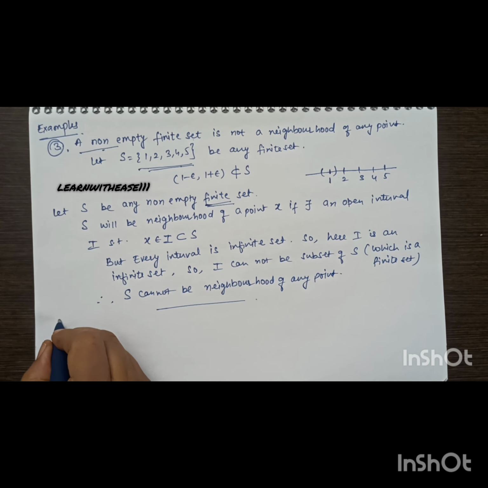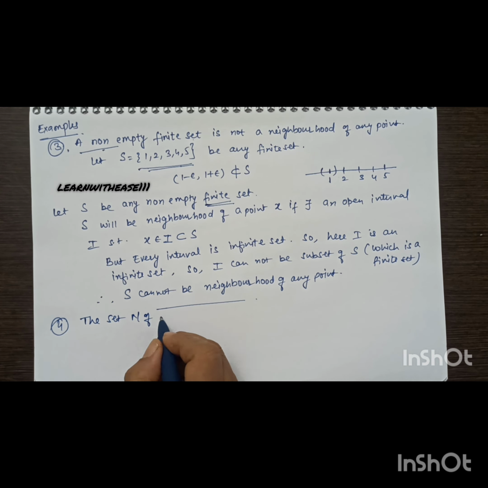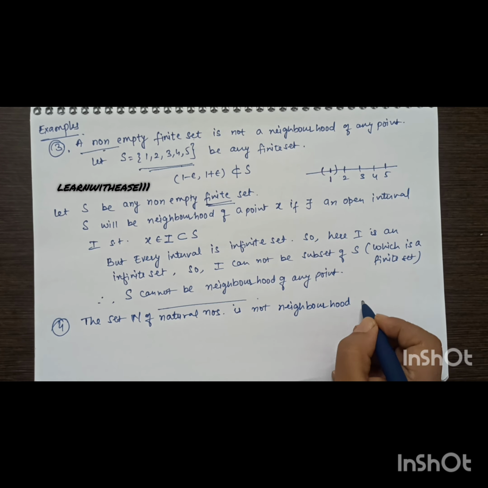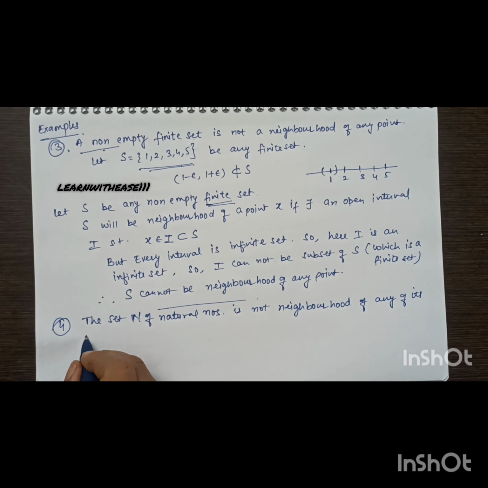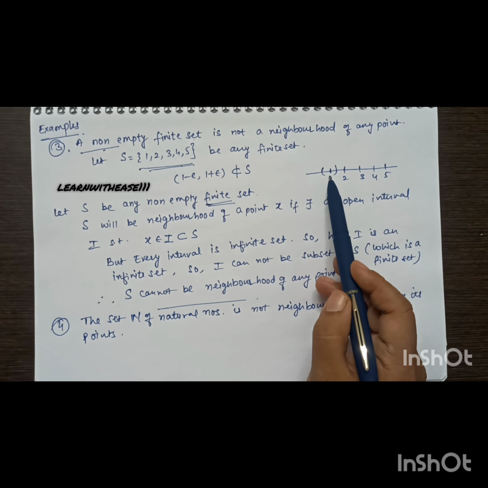Next example, the set of natural numbers. Here n I'm using is a natural number. The set N of natural numbers is not a neighborhood of any of its points. The reason is as simple as in example 3.